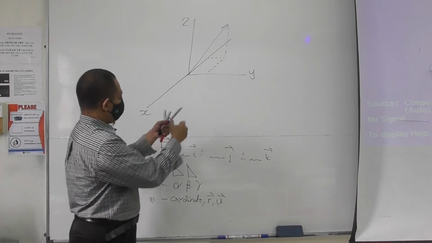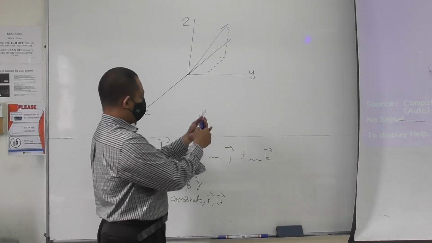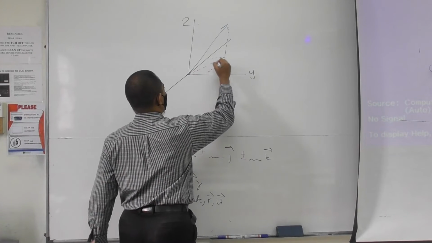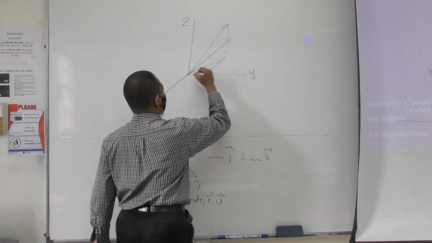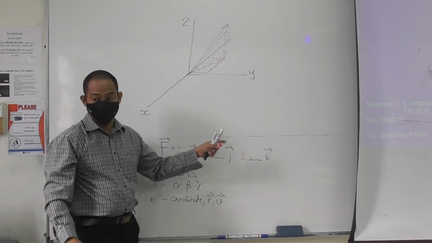So in calculation, to get the magnitude of the x, y, z components, you will use the triangles. If you have one triangle here and another triangle here, then you get the value.